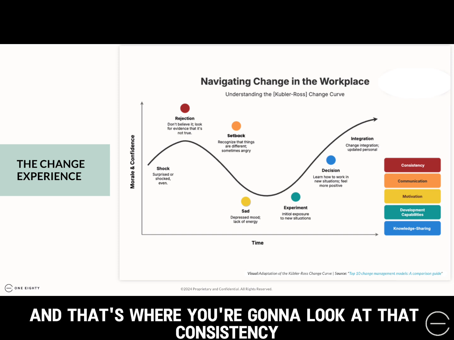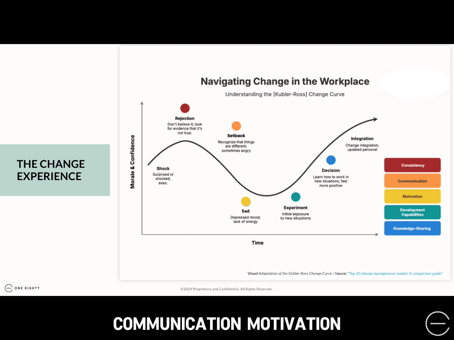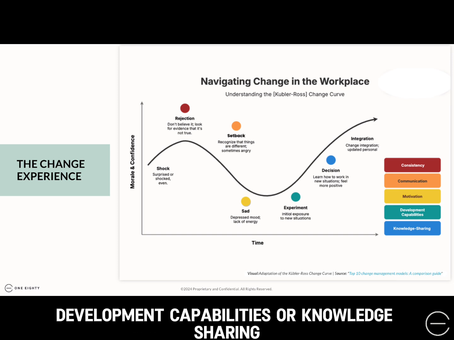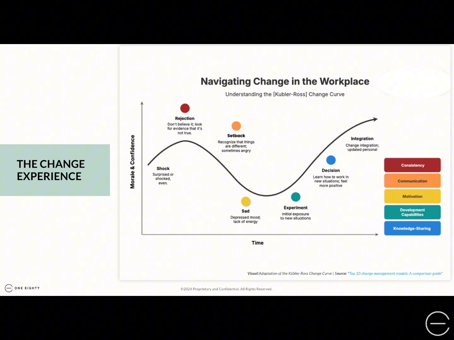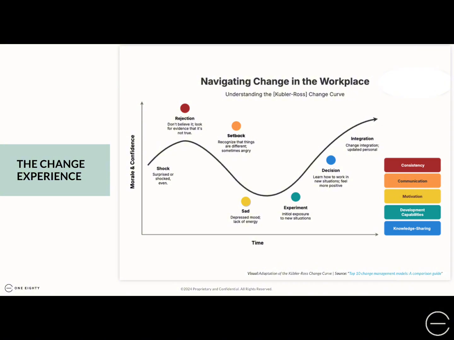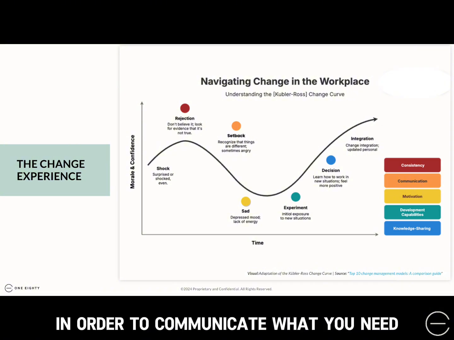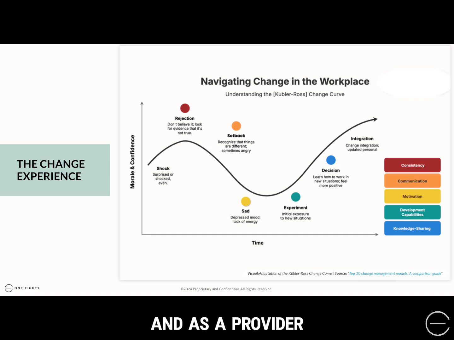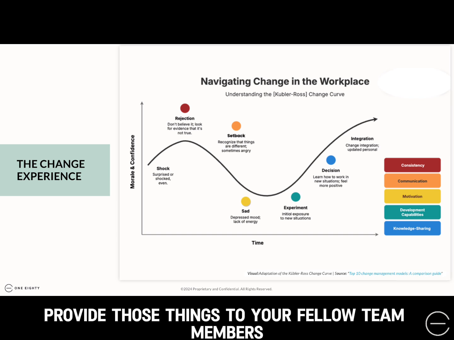And that's where you're going to look at that consistency, communication, motivation, development capabilities, or knowledge sharing. It's really important to be able to examine which stage you are in order to communicate what you need and, as a provider, provide those things to your fellow team members.